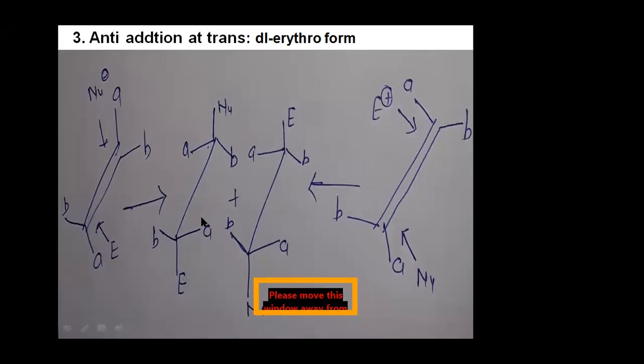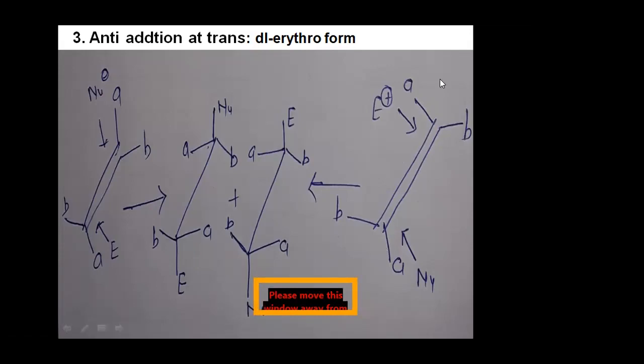They are not eclipsed. This is not eclipse form. This is staggered form. In case of syn addition, the product is eclipse type. But in case of anti-type, the product is staggered type. This is Sawhorse's staggered form.